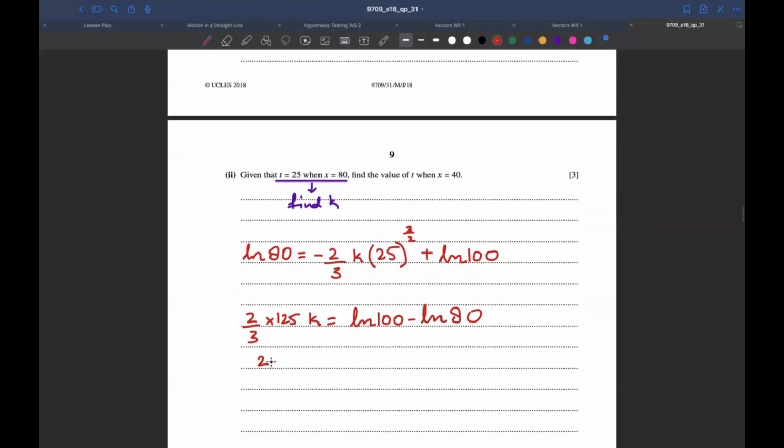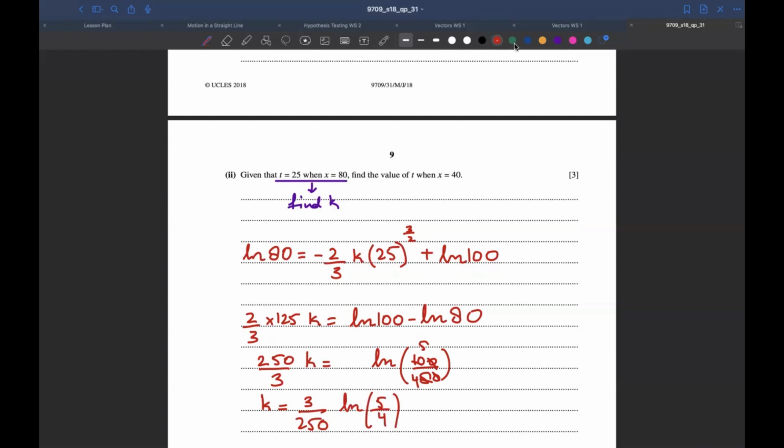This will become 250 upon 3k is equal to ln of 100 upon 80, or we can simplify and write it as 5/4. So the value of k, cross multiplying 3 and 250, we'll get 3/250 ln of 5/4.